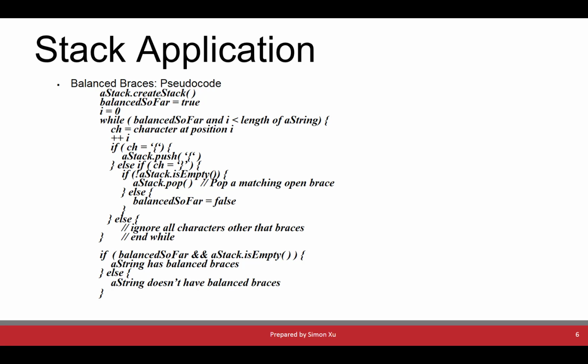Outside the while loop, we simply check whether the balanced so far variable is true or false. If balanced so far is true and the stack is empty, certainly we know that the brackets are balanced. Otherwise, the brackets are not balanced.